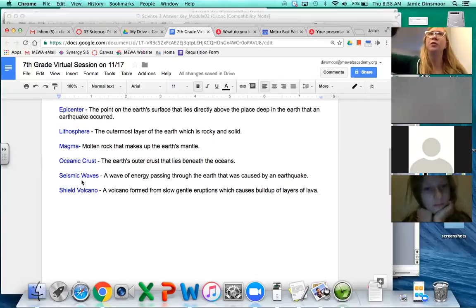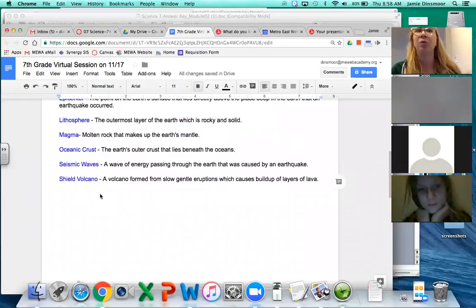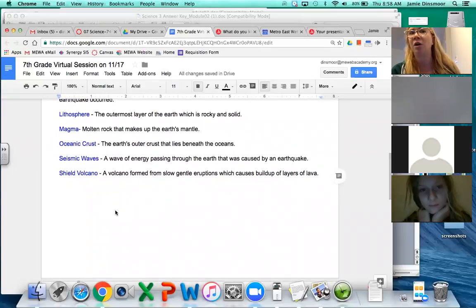The wave moves things up and down as it's traveling, right? Which is really scary. And then another type of volcano, a shield volcano, a volcano formed from slow, gentle eruptions, which causes a buildup of layers of lava, right? That would be like one of those volcanoes in Hawaii. It's just constantly oozing lava, right? But it's not like erupting like crazy. It's just oozing lava for years.